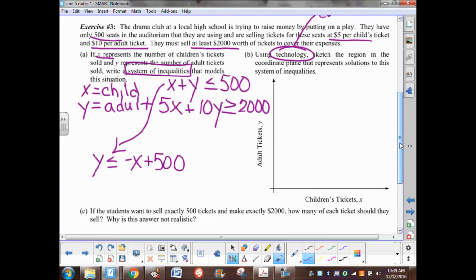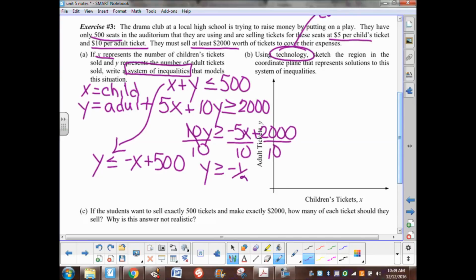And then the second inequality, we end up with y is greater than or equal to -1/2 x plus 200. When you enter those two inequalities into your calculator, you're going to have to play around with the window, because look at the size of those y-intercepts. We have a y-intercept of 500 in the first one and a y-intercept of 200 in the second one.